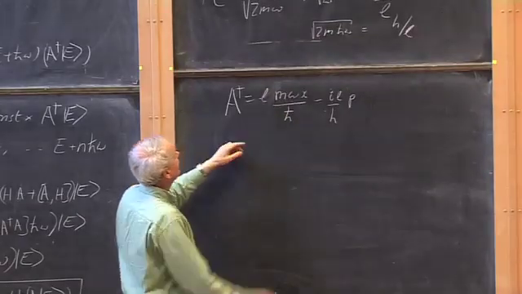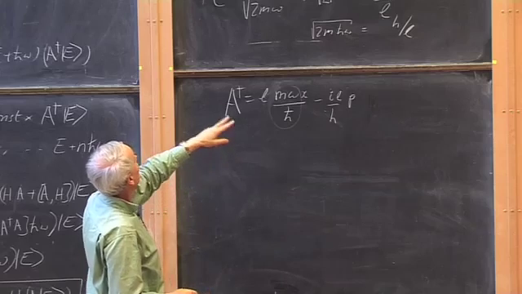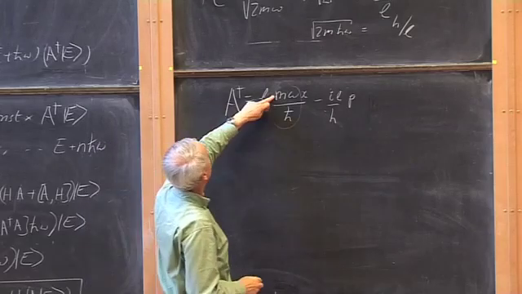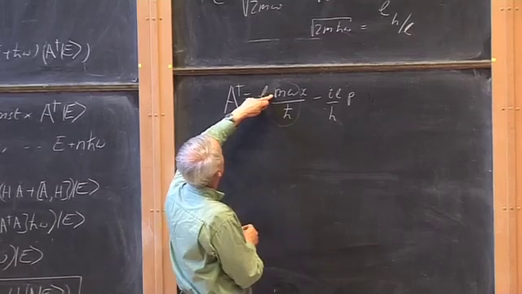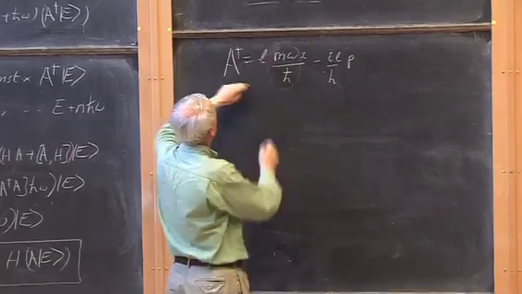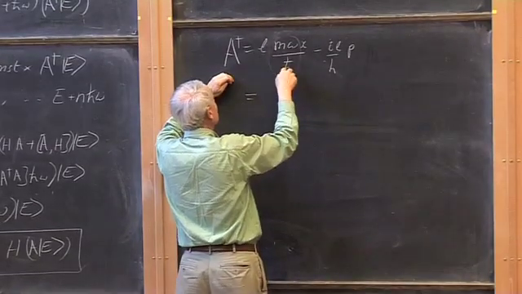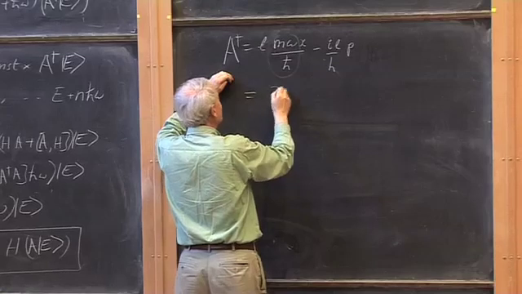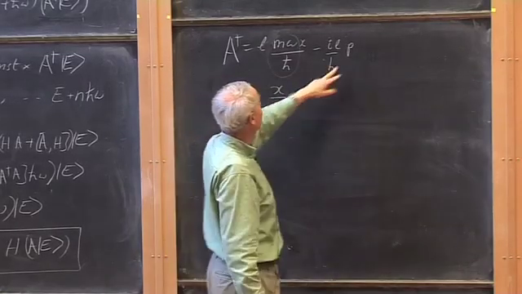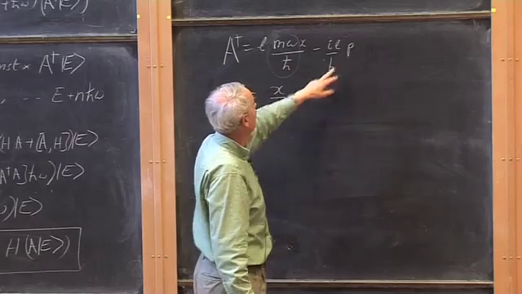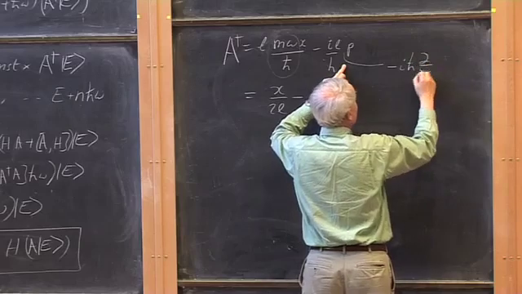This stuff is looking remarkably like L all over again. If I multiply this by 2 on the top and 2 on the bottom, this becomes 1 over L squared, and the L squared would cancel, so this was x over 2L minus... now let's put this into the position representation. In the position representation, p is minus i h bar d by dx.